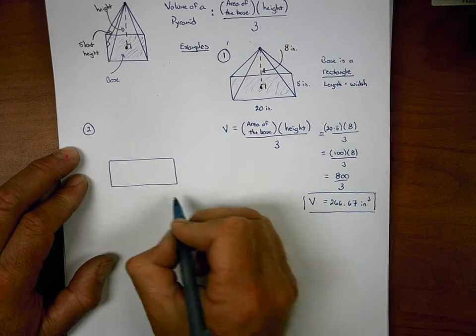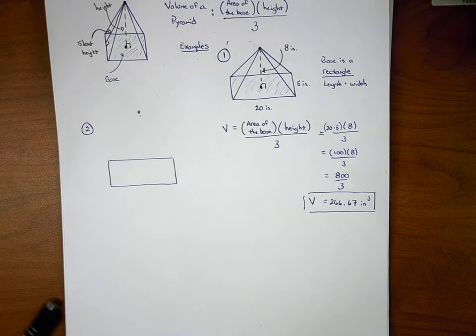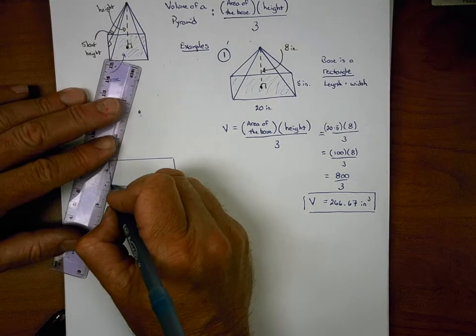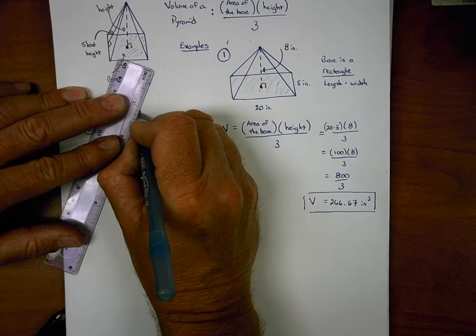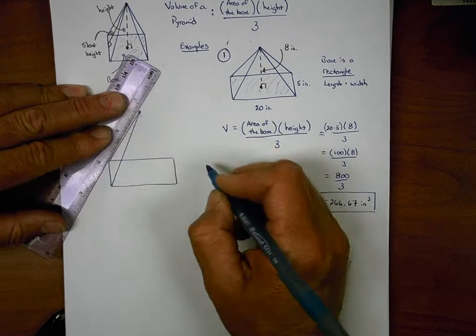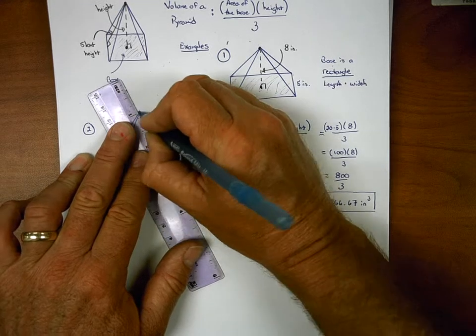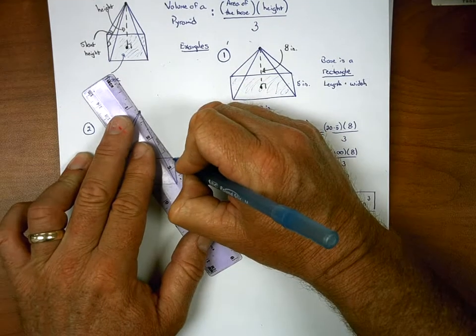So go ahead and draw in a rectangle. Once again, put a point above the rectangle and then connect each corner of the rectangle to that point. That's probably the easiest way, not the only way, to make a pyramid. So there is my pyramid right here.